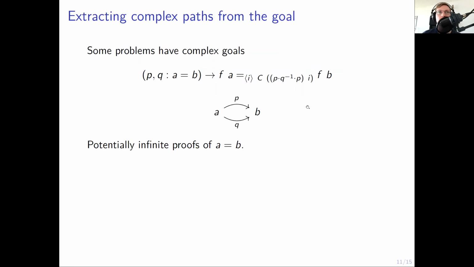But there will be some cases that are more difficult, where the type path is more complex, meaning that just adding both P and Q might not even be enough.